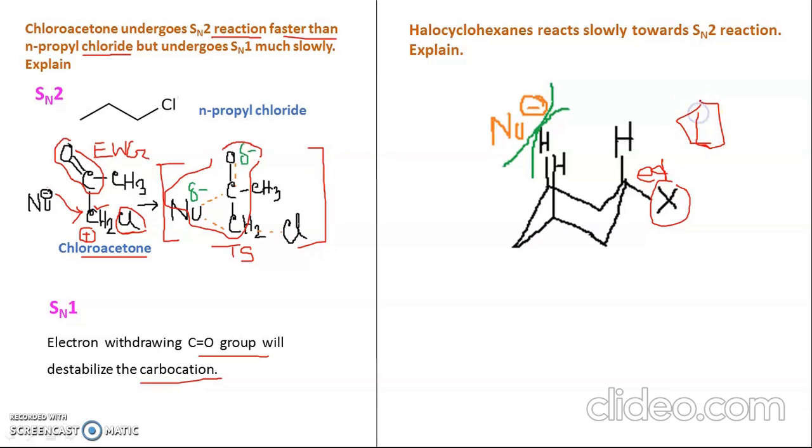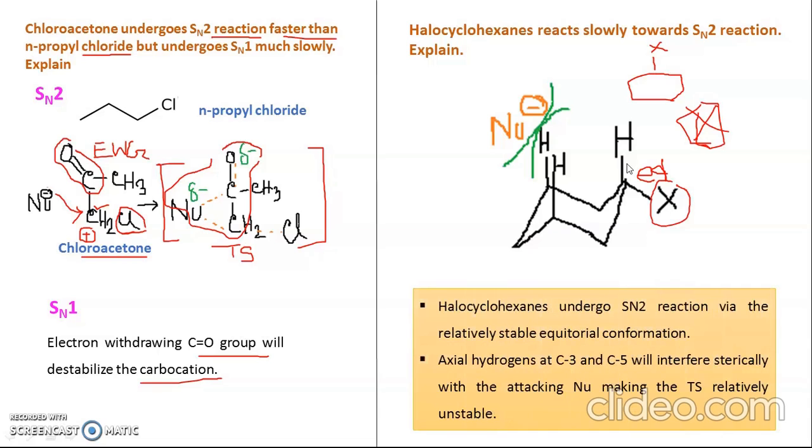This is halocyclohexane. Now this X group may be in equatorial position or it may be in axial position. Now the picture that is shown here, in this case X is in equatorial position.